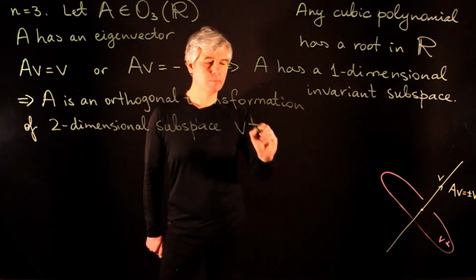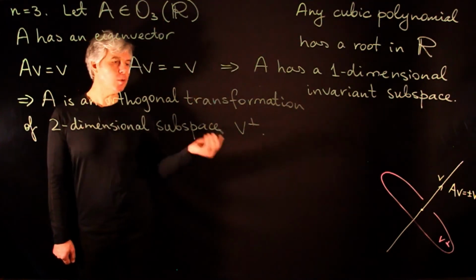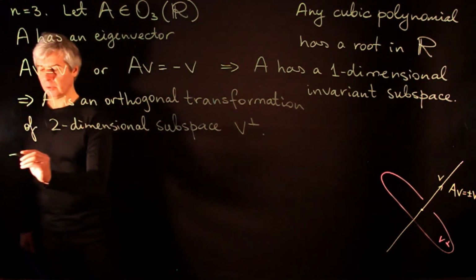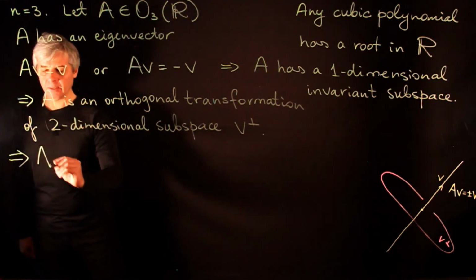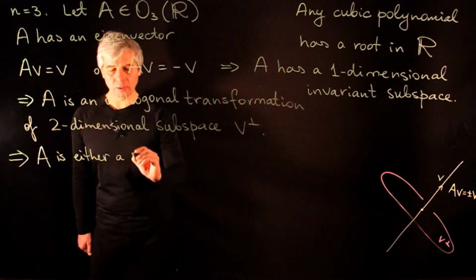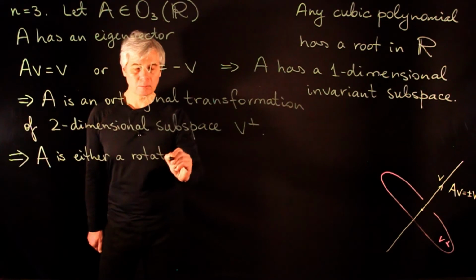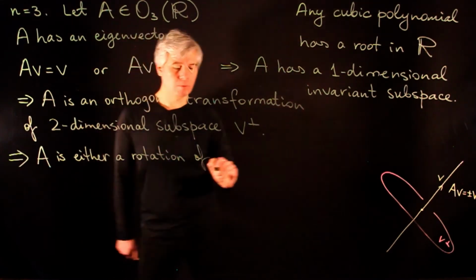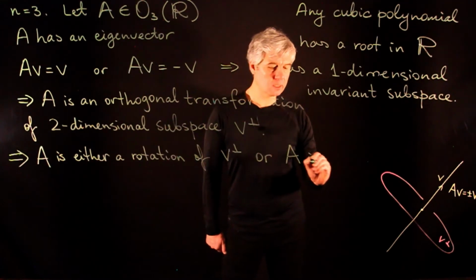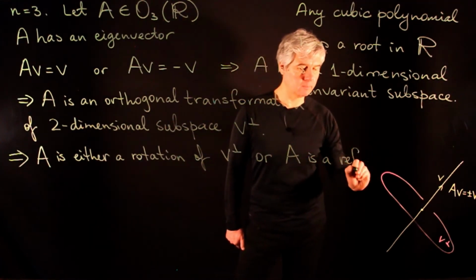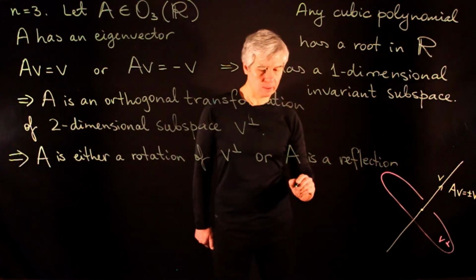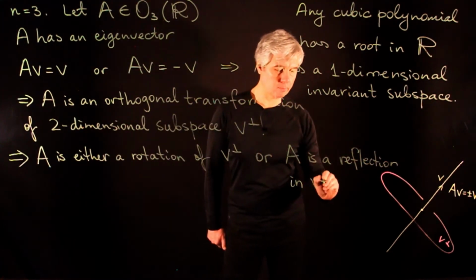V perp. But now we understand the geometry of orthogonal transformations of two-dimensional spaces. So we know that A is either a rotation of V perp, or A is a reflection with respect to a line in V perp.